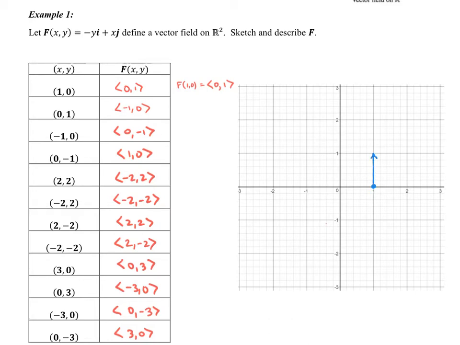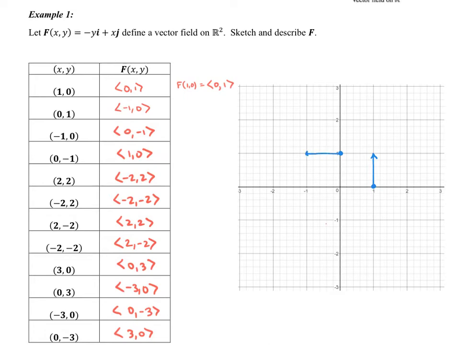Again, the horizontal component is 0, and the vertical component is 1. Then we go to the next one, which is going to be 0, 1. So that's going to be here. And our vector is negative 1, 0. So we move 1 to the left and 0 up or down. So that is our new vector there.